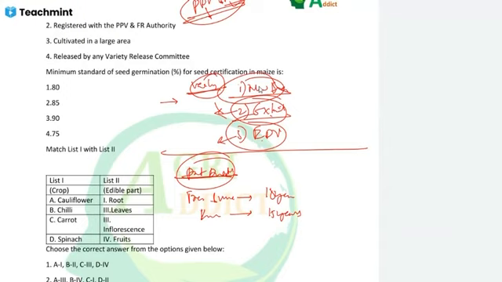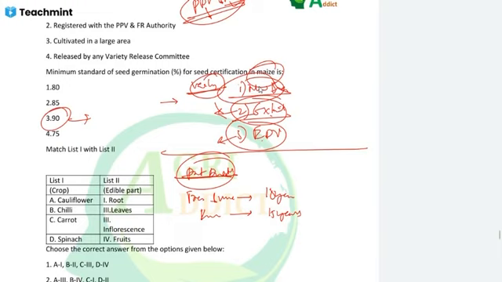If you have not remembered it yet, just make a note of the different germination percentages of different crops and try to revise them regularly. Okay. So I will just talk about the highest germination percentage. It is again in maize only. 90 is the highest germination percentage that we see in the crops.